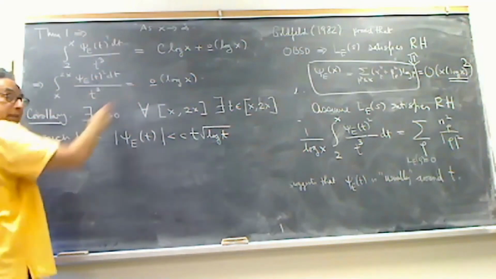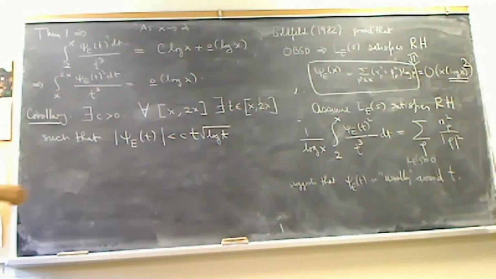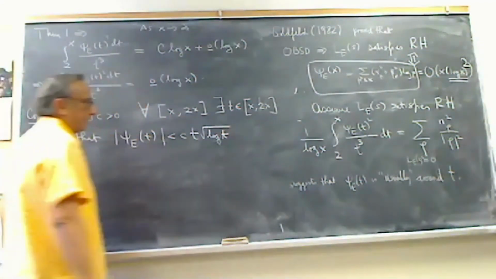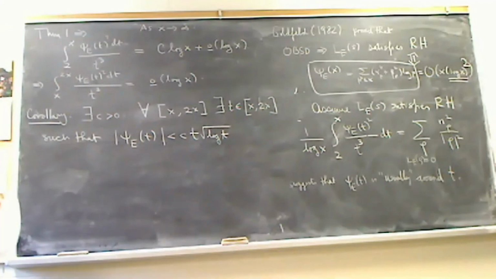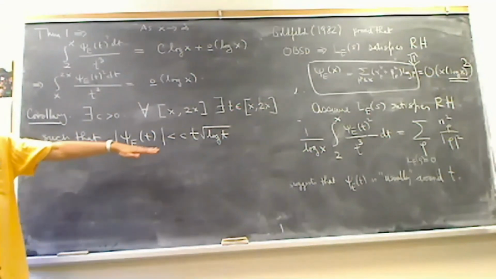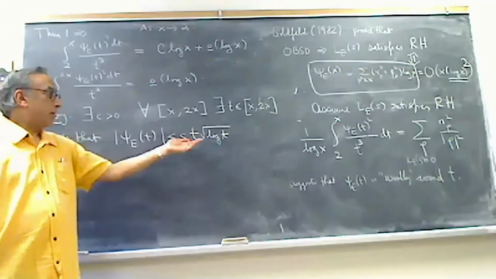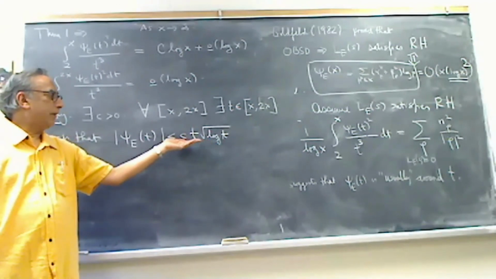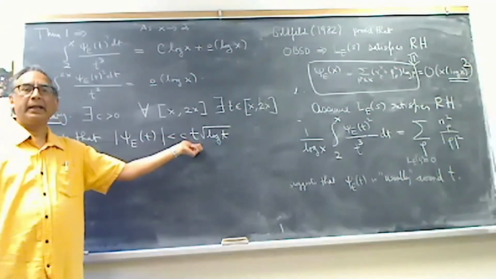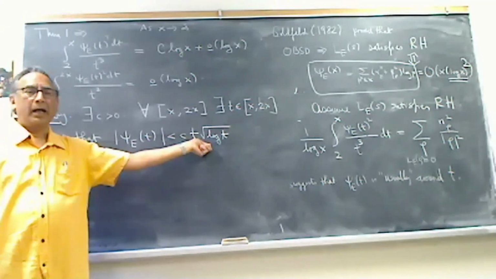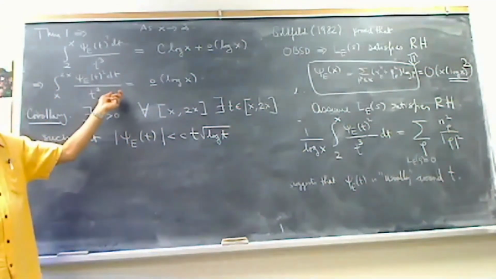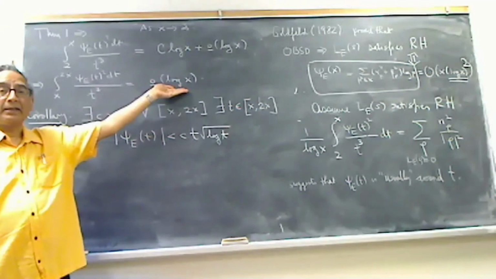You still want to beat that. So it's t root log t. Yes, that's correct. Is that okay? I think you can see the proof. The proof is, if not, then this will always be bigger than this quantity. And then when I square it, I'm going to get a constant times log x, and that violates the epsilon log x here.